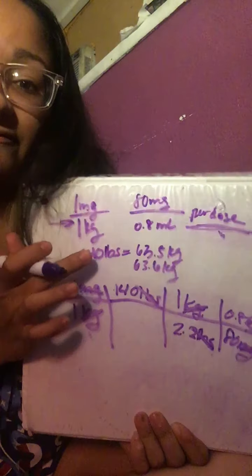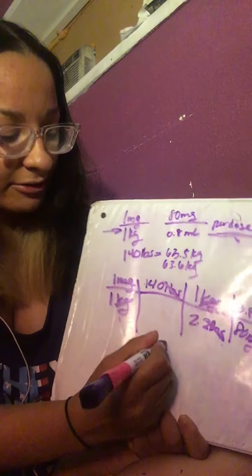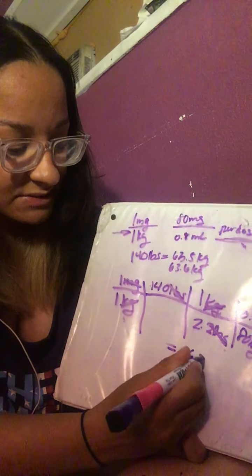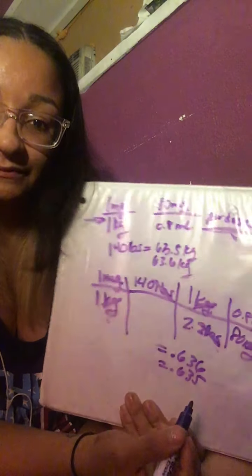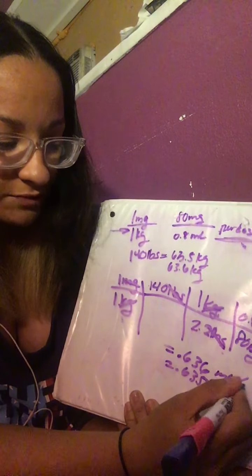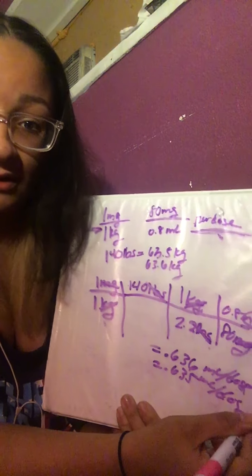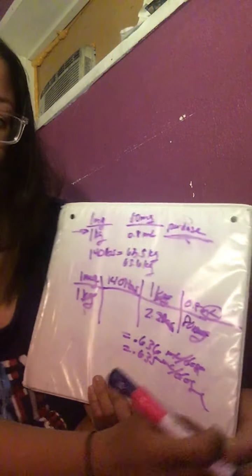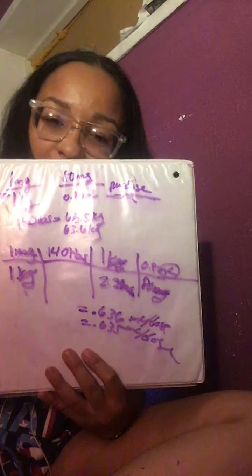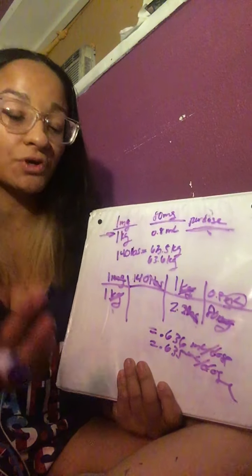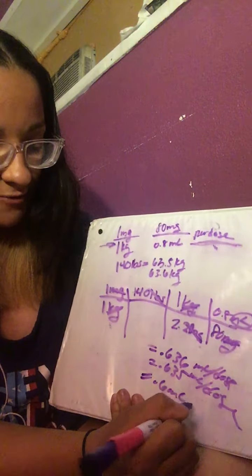Depending on what you got for the kilogram conversion, depending on what you put here, will either get you 0.636 or 0.635 milliliters per dose. Sorry, my handwriting's ugly when I can't see it. All right. The question asks you to round to the tenth, so both will get you 0.6 milliliters per dose.